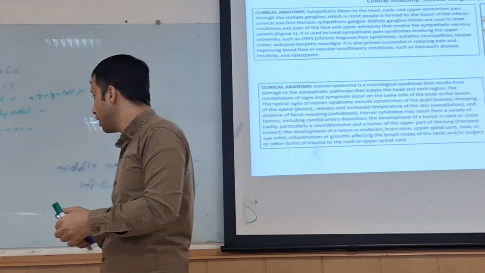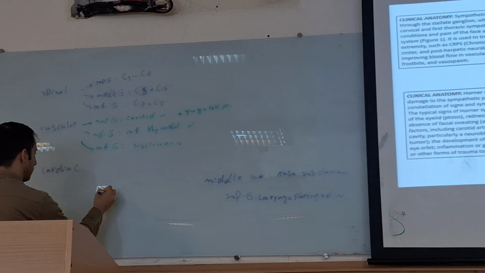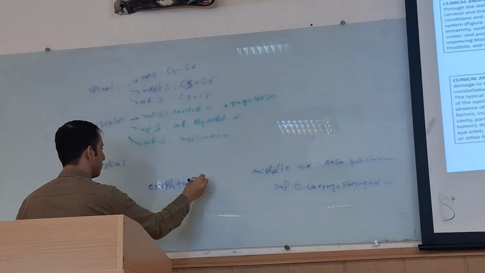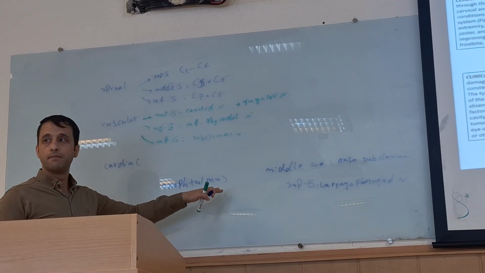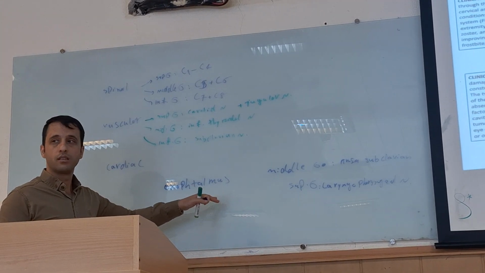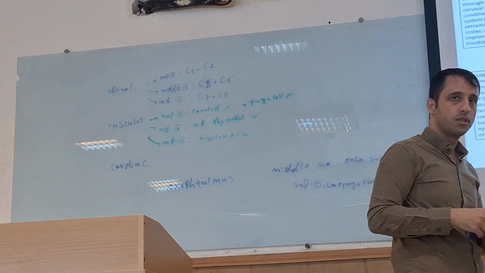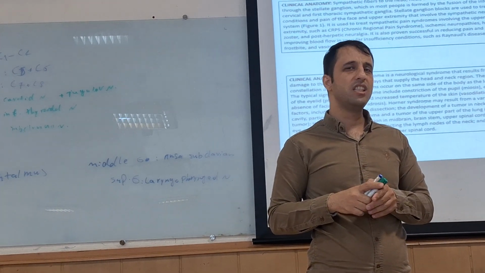Okay, another sign is enophthalmos. We have exophthalmos and enophthalmos. Exophthalmos is bulging of the eyeball, bulging to the anterior part, to the front. What is enophthalmos?